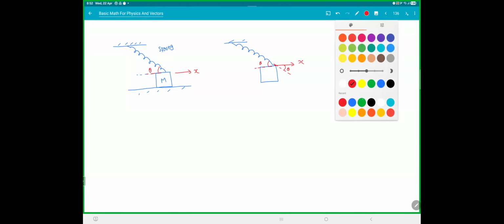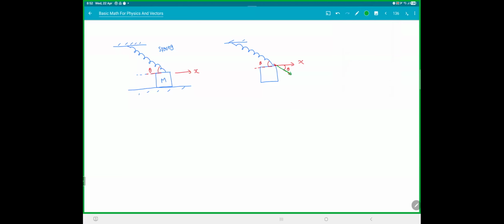Now, if you resolve this into components, this component would be x cos theta. This would be x sine theta. We do not bother about x sine theta, but what does x cos theta tell you? x cos theta is the component of the displacement of the block. So x is the displacement of the block. If you push the block by x, the spring will stretch by x cos theta.